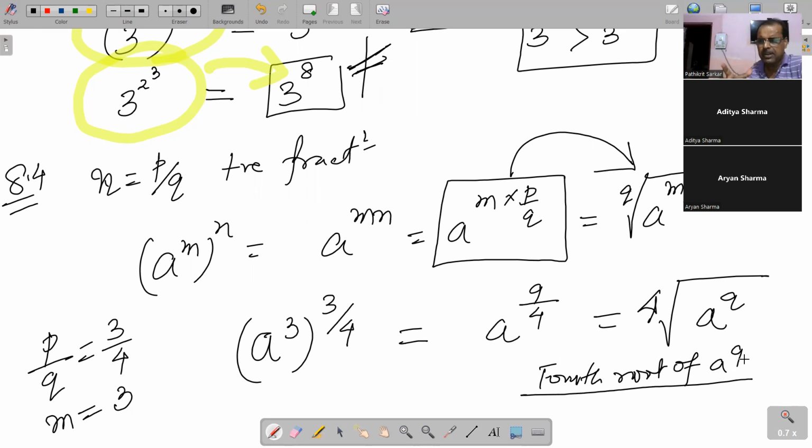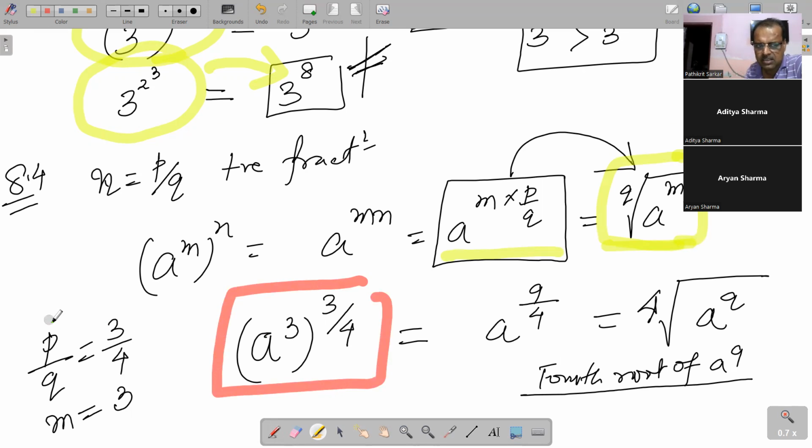Whenever we are representing n in terms of a positive fraction, what I can do is write a to the power m into p by q in this particular form. Suppose p by q is equal to 3 by 4 and m is equal to 3, that value we can write as a to the power 9 by 4.